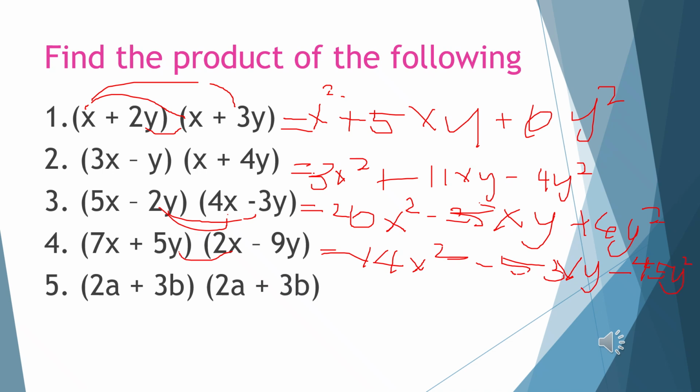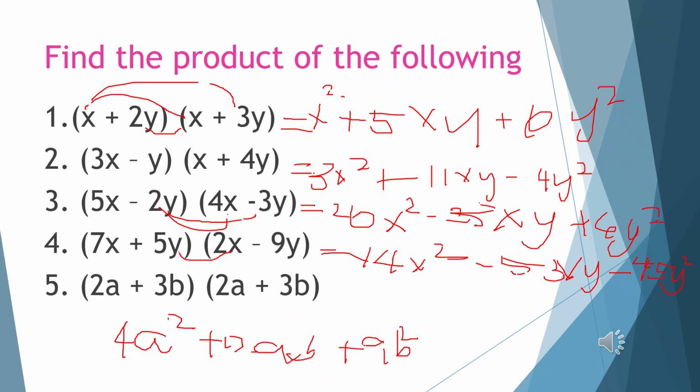Okay, easy, right? Then we have here 2a times 2a, that's 4a squared. Then 2a times 3b, that's 6ab. And then we have 3b and 2b, that's another 6. 6 plus 6 is 12, so 12ab plus 3b times 3b, that's 9b squared.